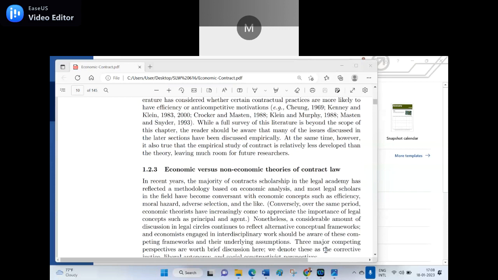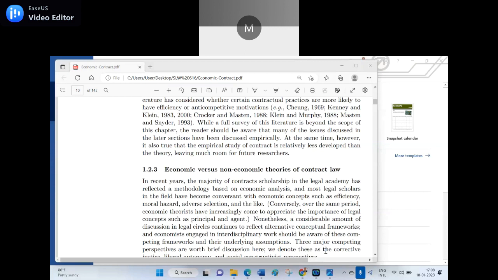Now let us see 1.2.3, economic versus non-economic theories of contract law. How will economic versus non-economic theory of contract law work out? In a positive approach, we will also see how much the risk would be and who is going to bear the risk.